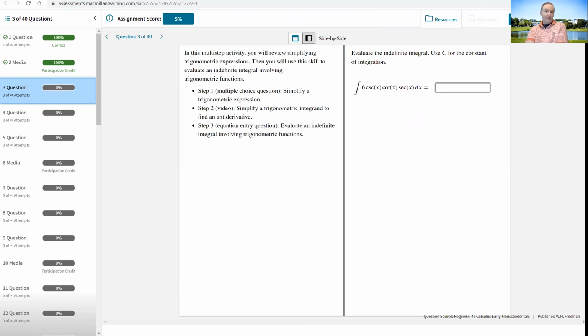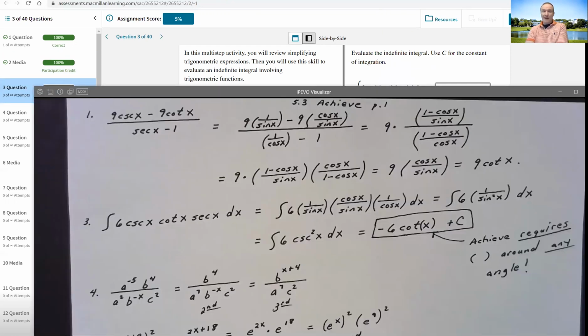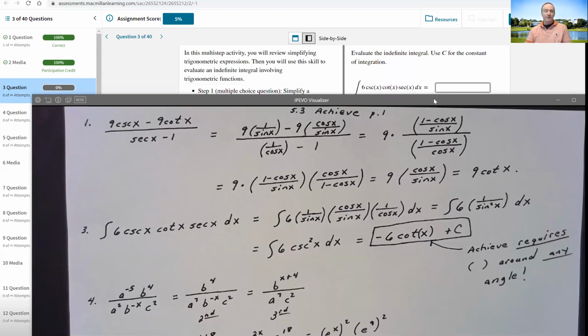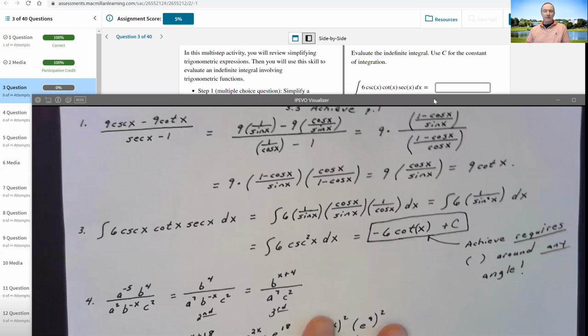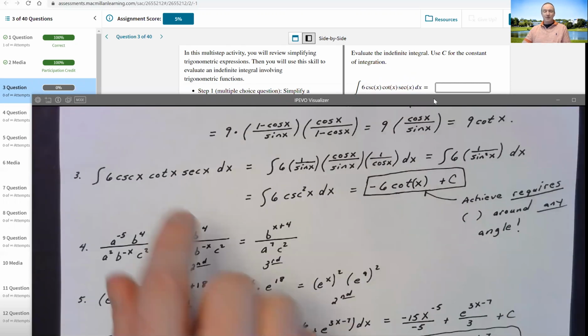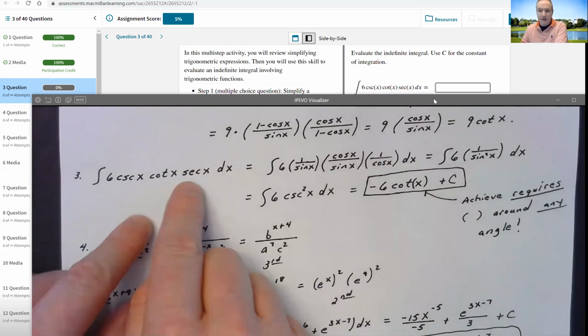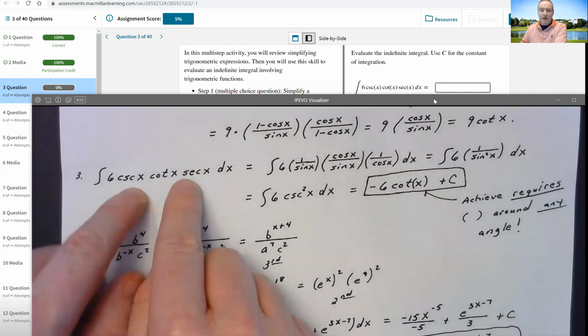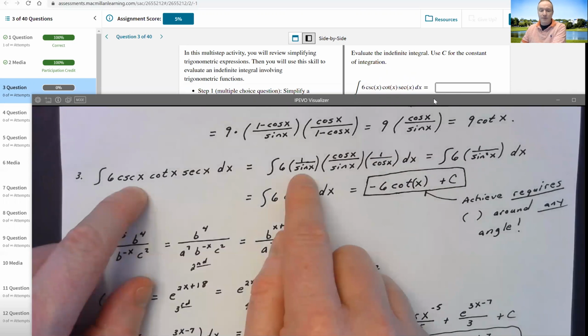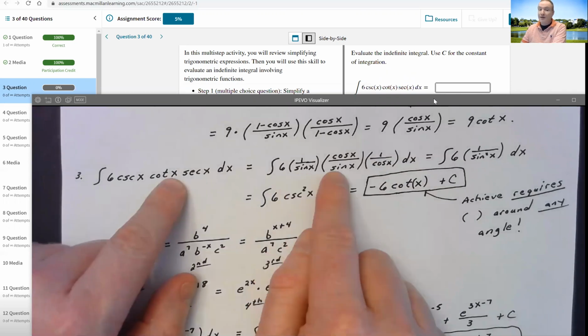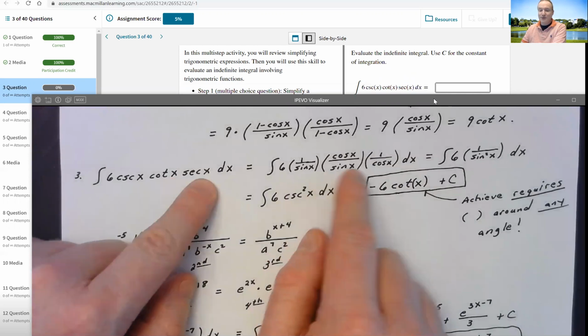So this one's similar to the first one in that you cannot go ahead and attack it unless you can simplify it down first. So they give me the expression, the integral of 6 cosecant x cotangent x secant x. I have to understand that cosecant is rewritten as 1 over sine, cotangent can be rewritten as cosine over sine, and secant can be rewritten as 1 over cosine.